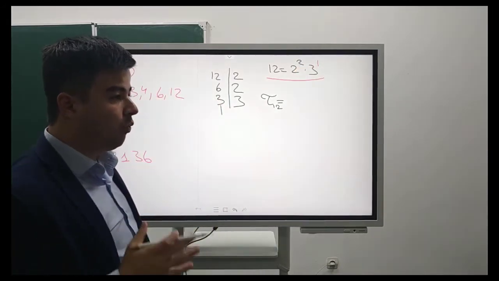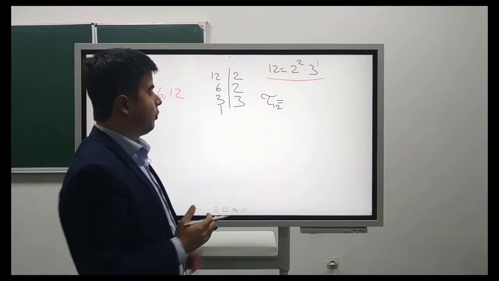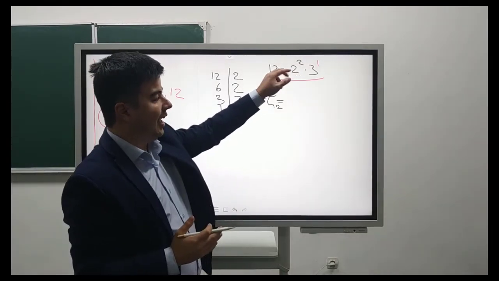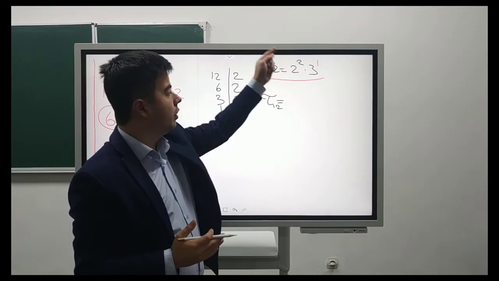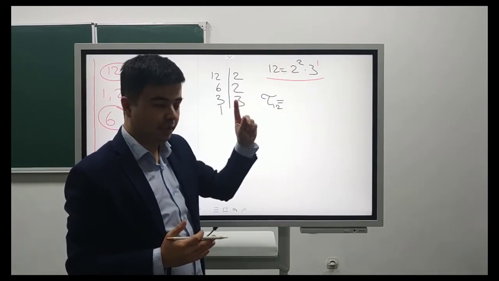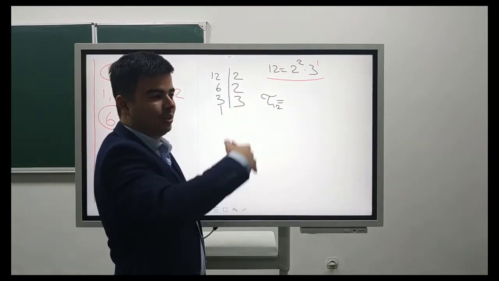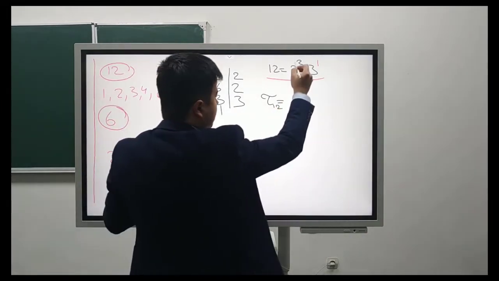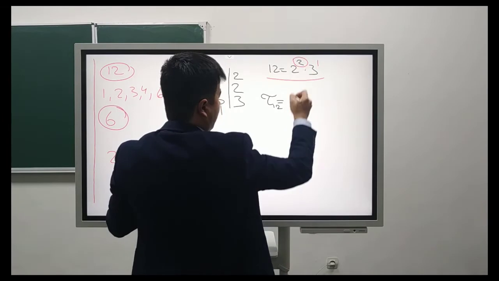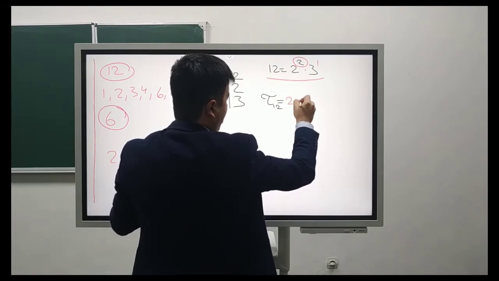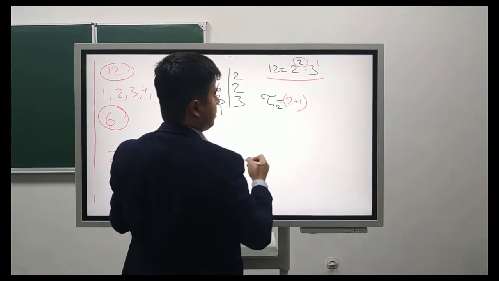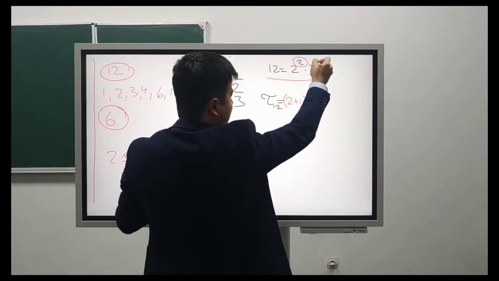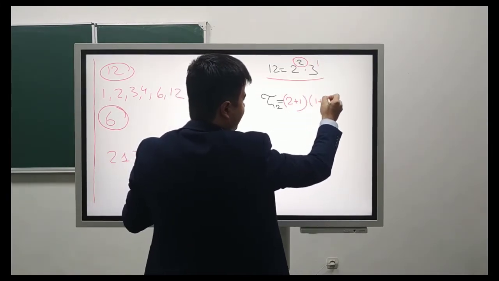So, to find tau, we need to add 1 to the power and multiply by the next power with 1 added. Like this. Here we have 2, so it is 2 plus 1, times the next one, 1 plus 1.